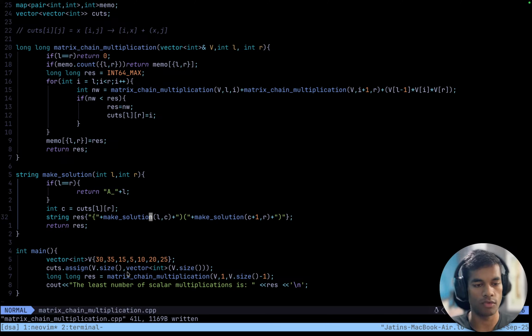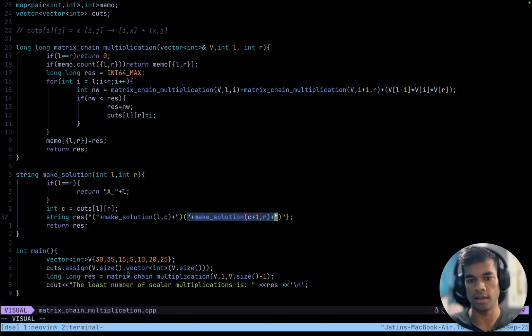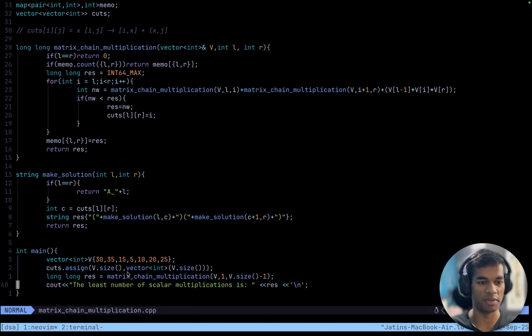Make solution. Wait. Left bracket, make solution for the left part, then left bracket closes, then a right bracket, right opening bracket, make solution for the right part, and then that thing also closes, and then return. That actually looks pretty cool. I think that will work.